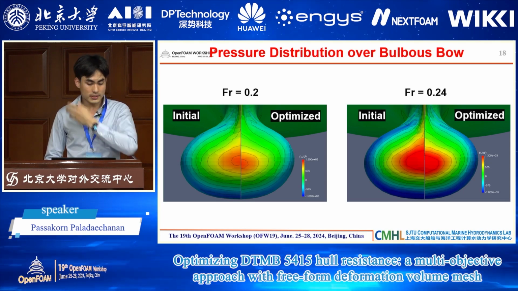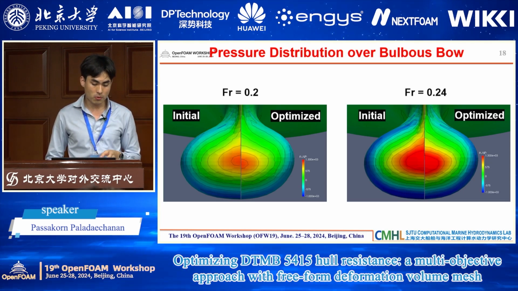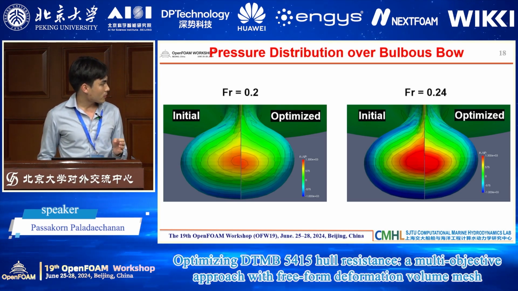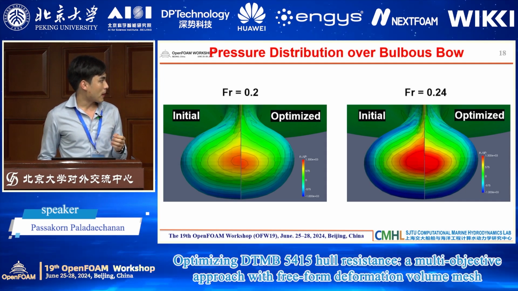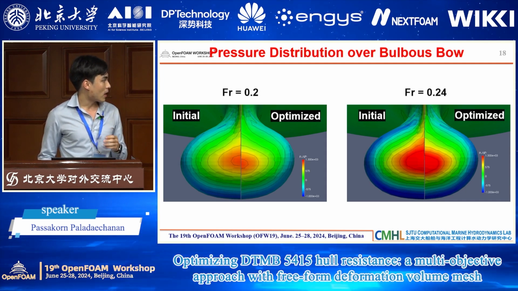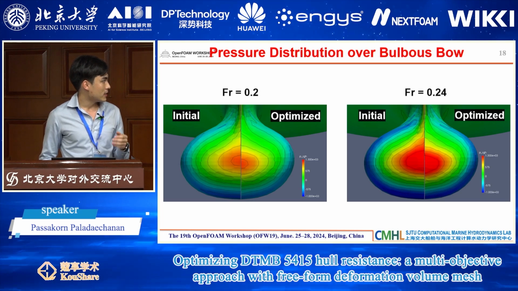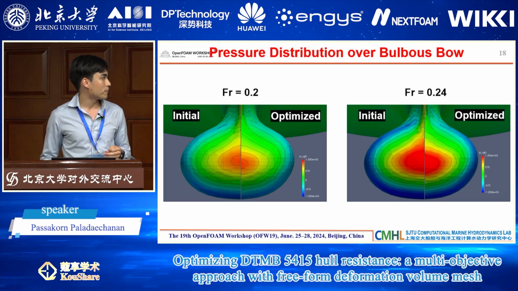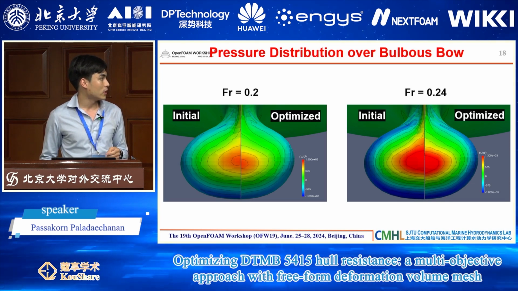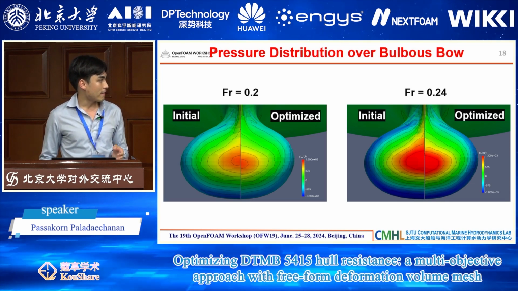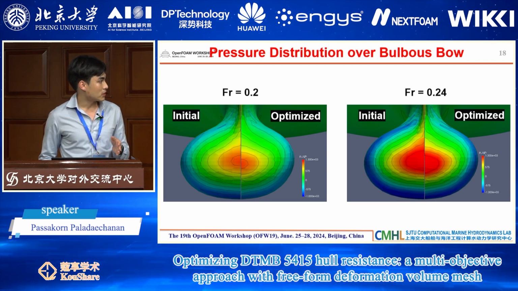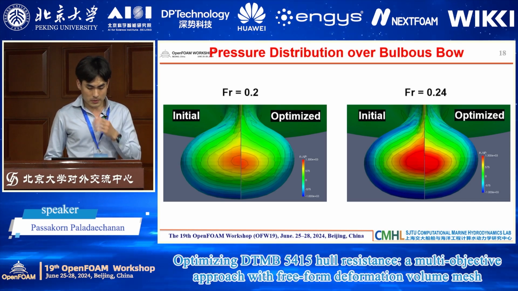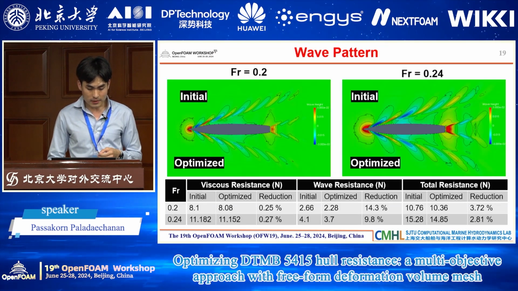As you can see, at Froude number equal to 0.2, we found that the dynamic pressure in front of the bulbous bow for the optimized hull is less than the initial hull. Also at Froude number equal to 0.24, the optimized hull has less dynamic pressure area than the initial hull.